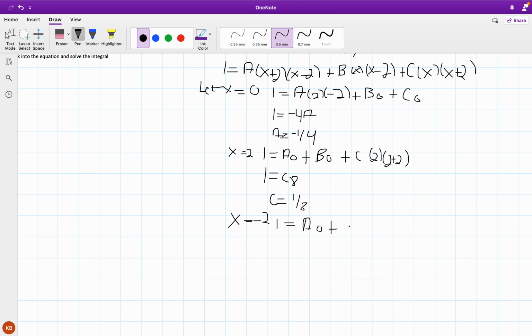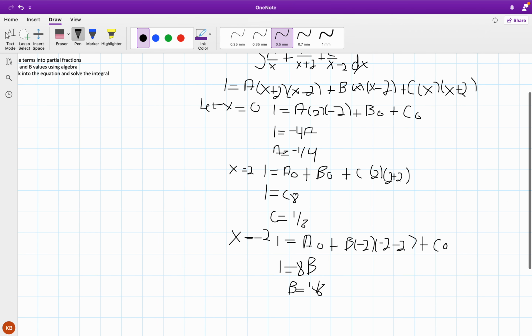Same thing for our C. Our B will not cancel out. So now we solve for B. Negative 2 times negative 2 minus 2 is 4 times negative 2, which is positive 8. And our B is also going to equal 1/8.